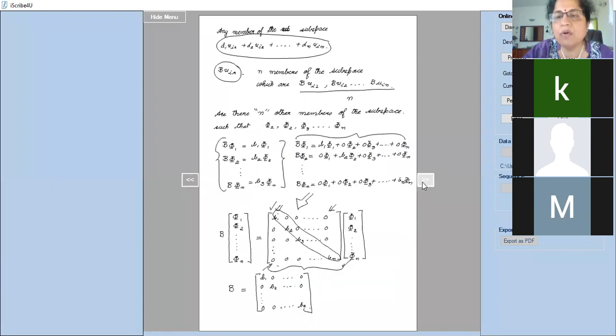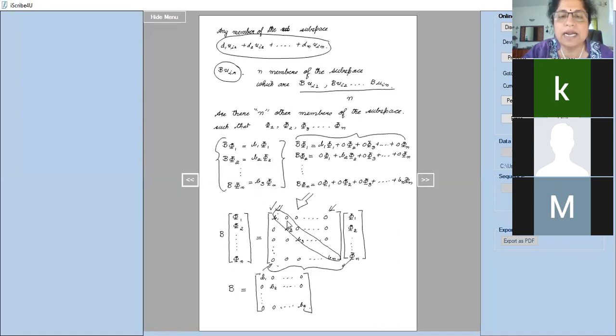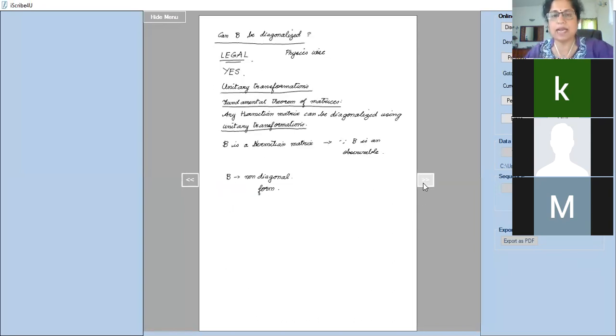What you can do is use a unitary transformation and take it to this kind of diagonal form. So you can go through a unitary transformation, which is physics-wise legal. The physics does not change in a unitary transformation. I will prove it to you, and you can go to B in a diagonal form.